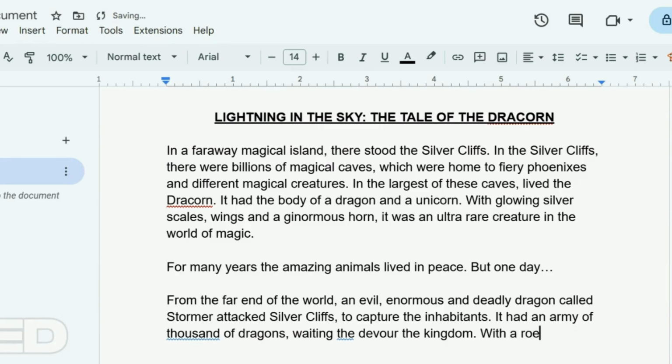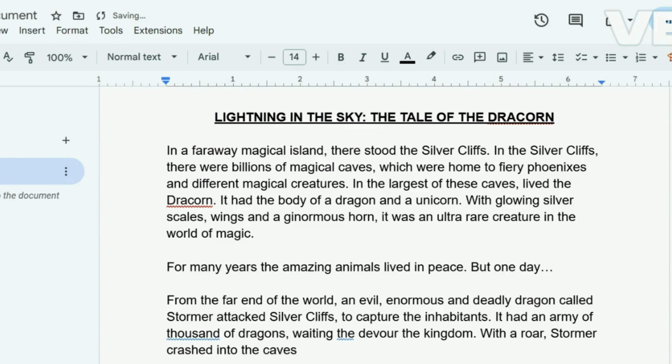With a roar, we are describing the sound there. Storm, let's give a powerful verb here. Crashed into the caves.